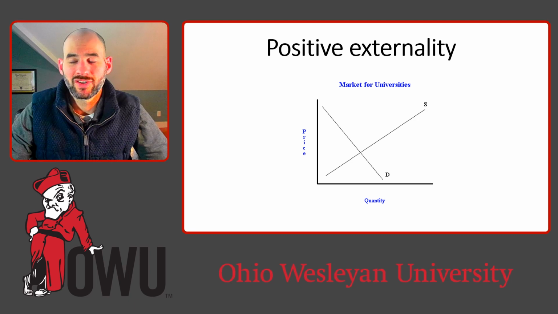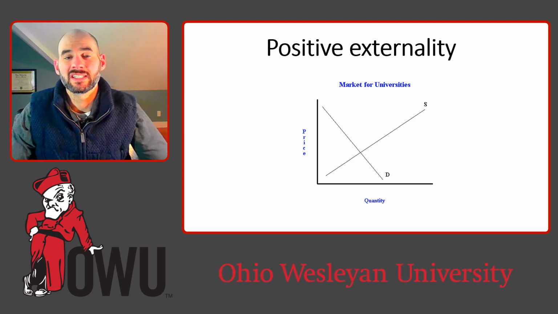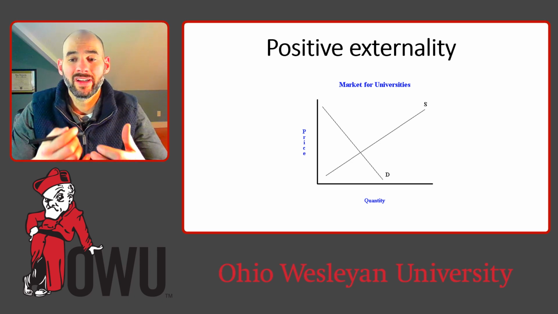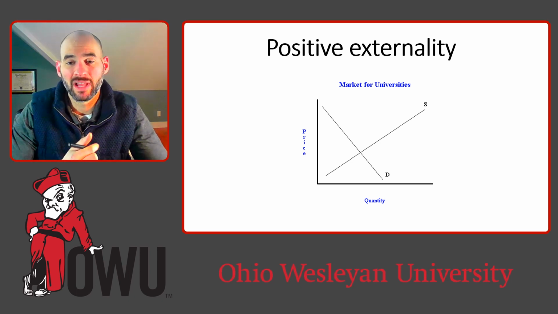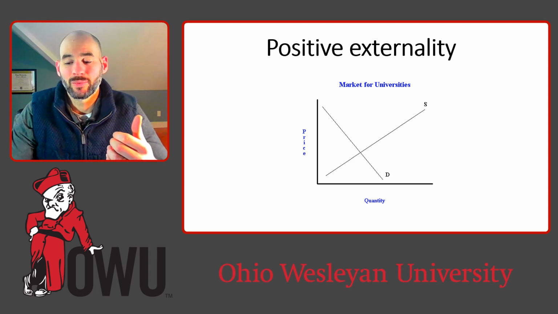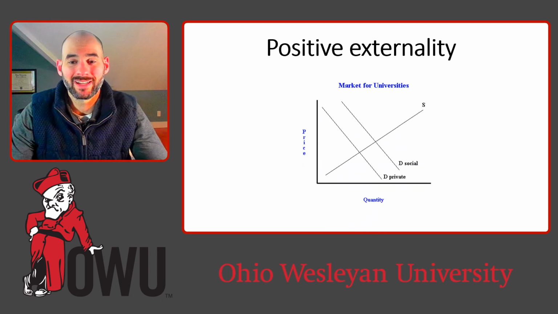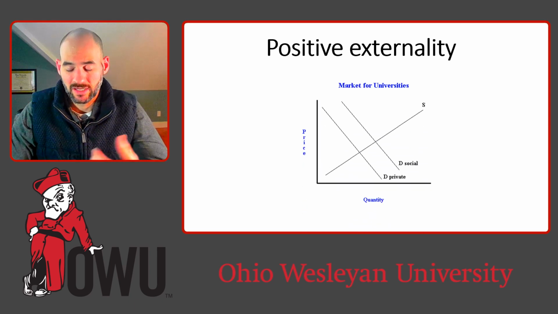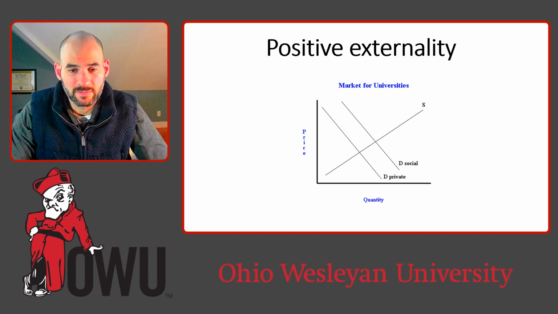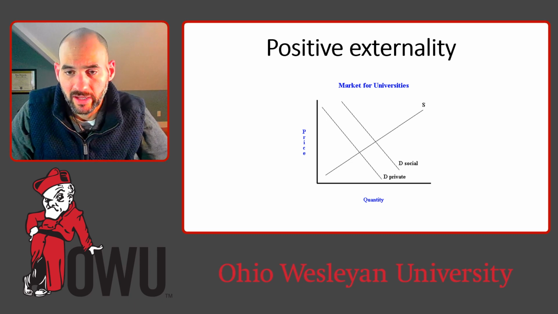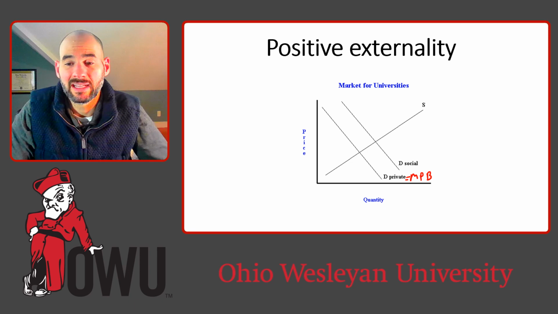So positive externalities are a little bit different. And really here we just are going to focus on the demand curve rather than the supply curve. When we think about positive externalities, we're going to think of a difference between the marginal private benefit being what the demand curve would be when we're not accounting for the externality.